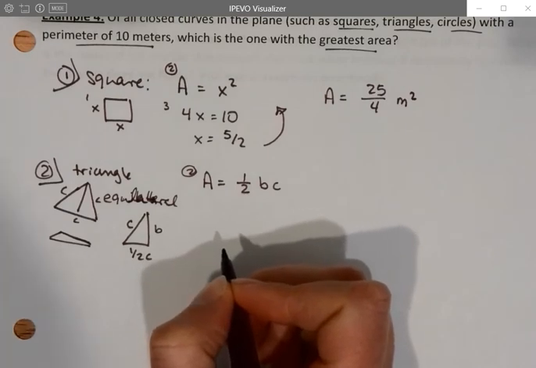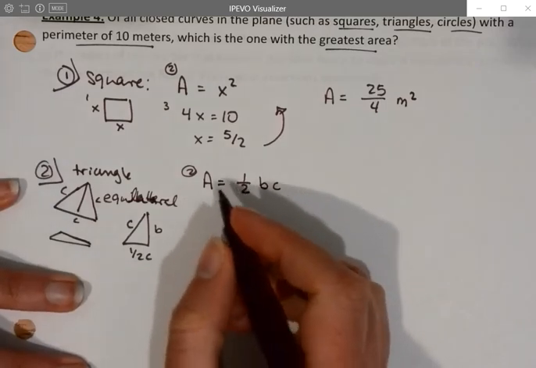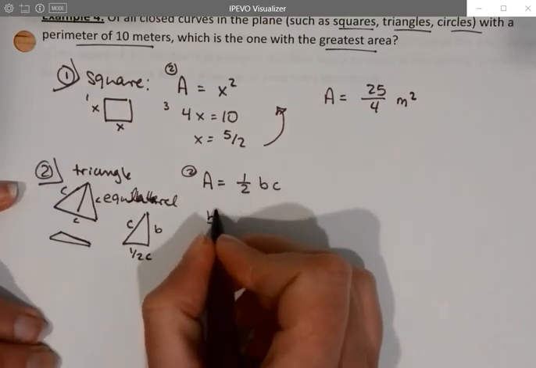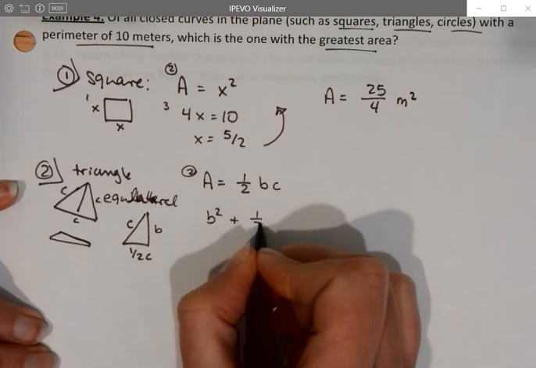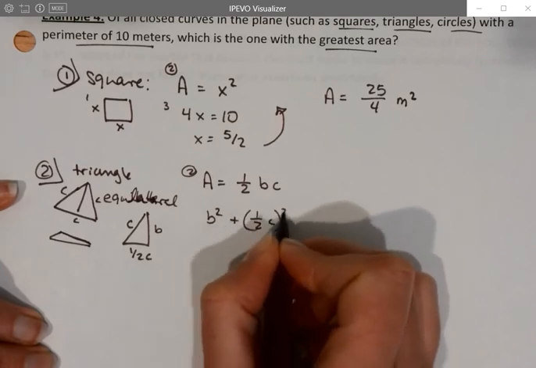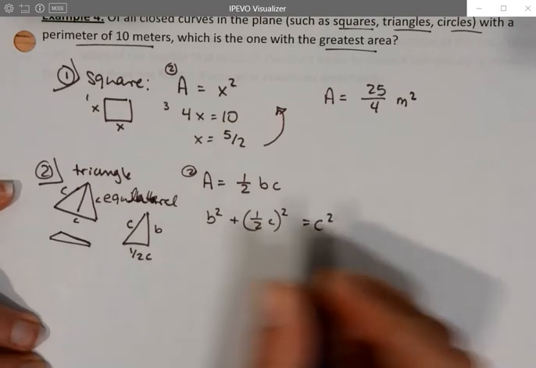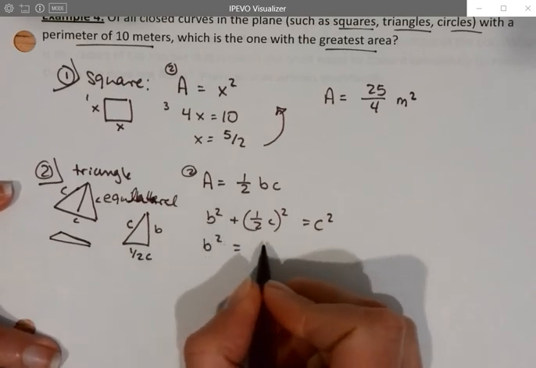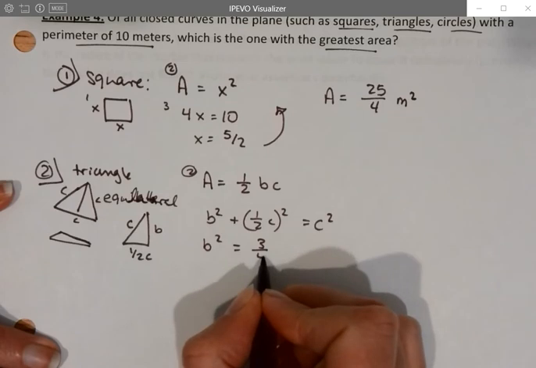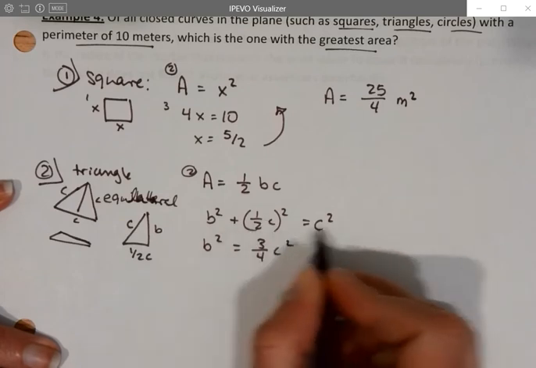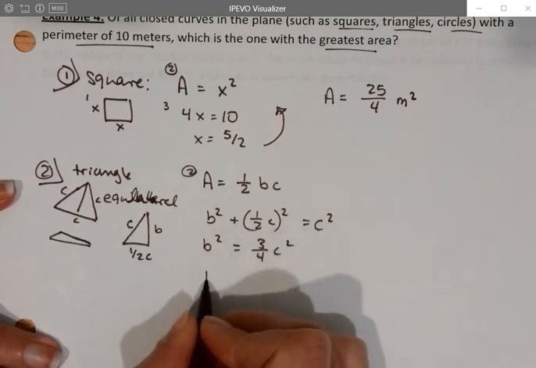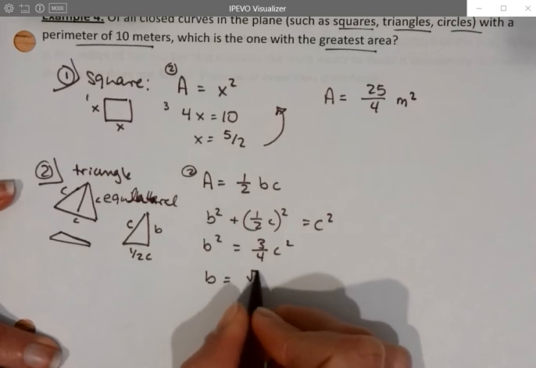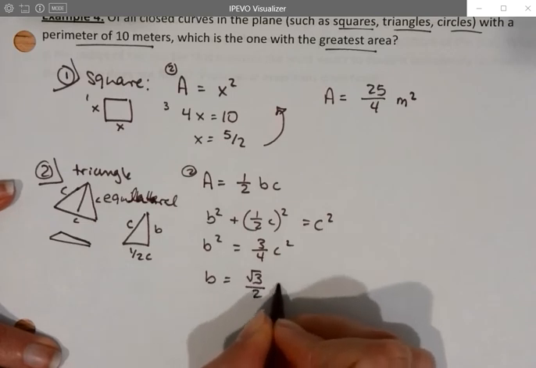I know that B squared plus half of C squared is going to equal C squared. So that's B squared equals 3/4 of C squared. You've got 1/4 here, subtract it off. And so B itself is going to be equal to the square root of 3 over 2 times C.